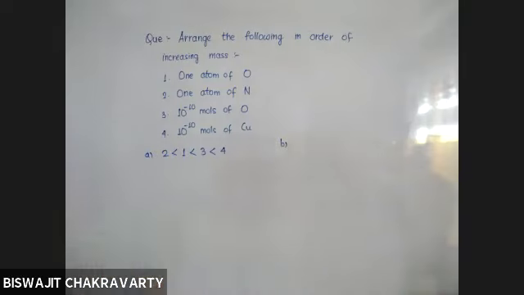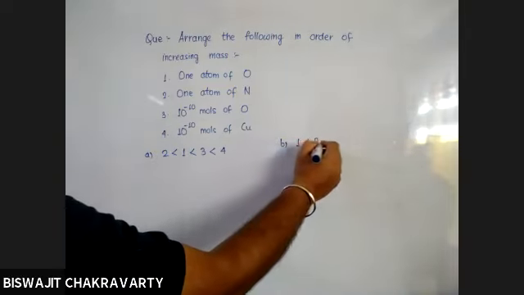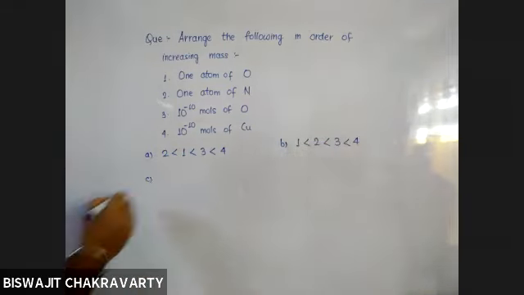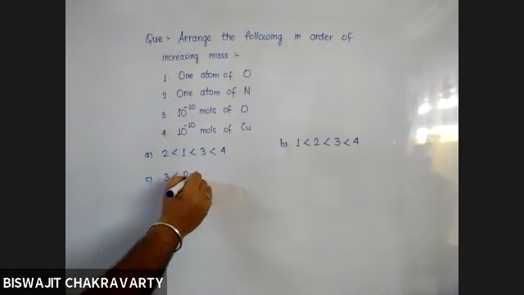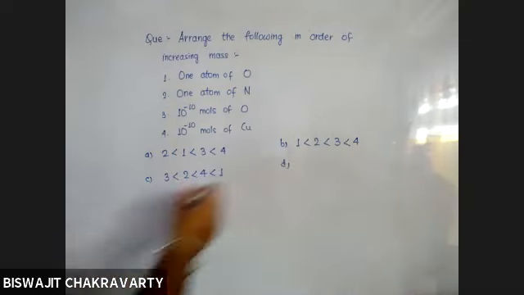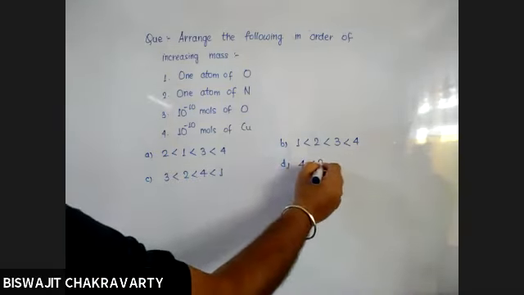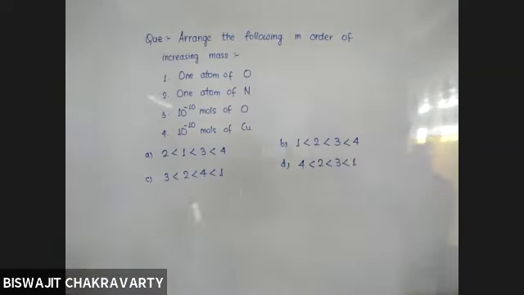Option number B, 1, 2, 3, 4. Option C, 3, 2, 4, 1. Option D, 4, 2, 3, 1. Okay. So try it out.